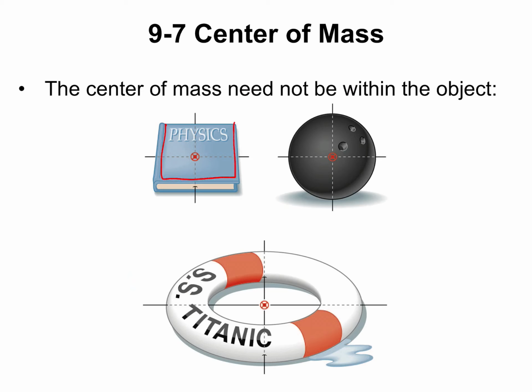So for this book, the center of mass will be at the geometric center of the book, if the book is homogeneous, uniform. For a sphere, the center of mass is in the middle. And if a donut, where's the center of mass? It's in the middle, and in the middle there's nothing. So the center of mass can be on the object, or outside the object.